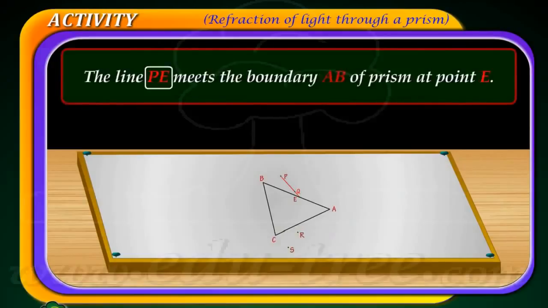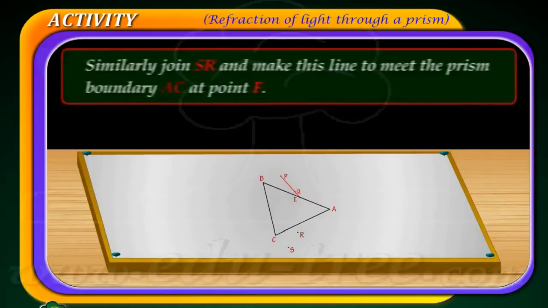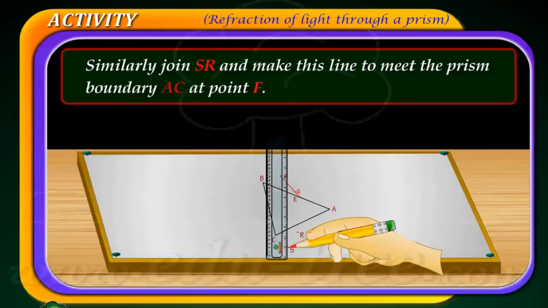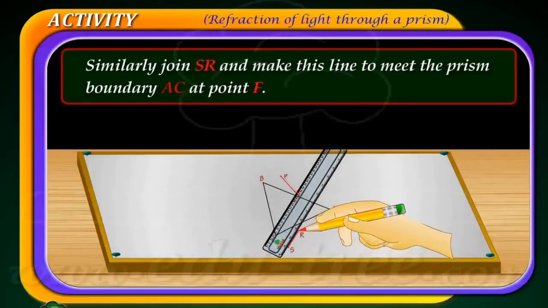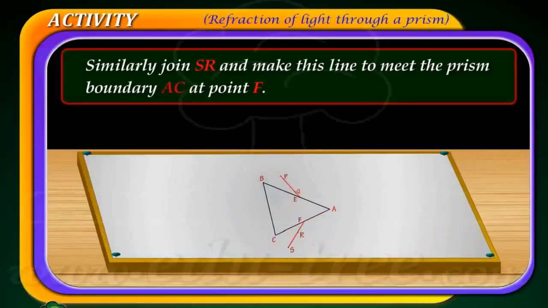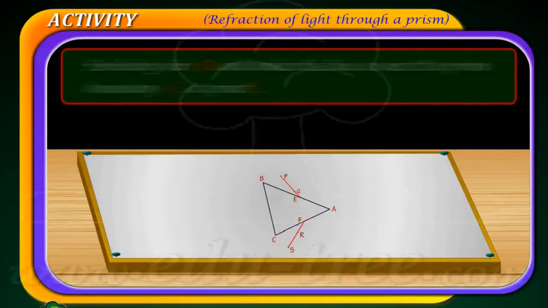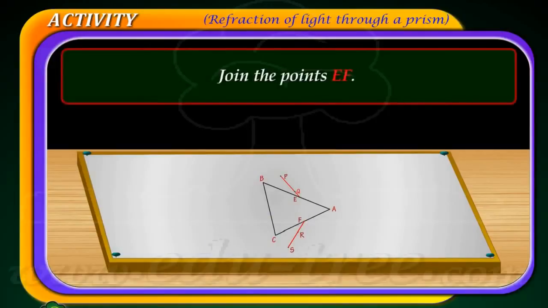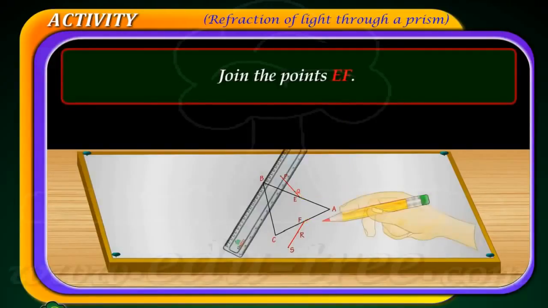The line PE meets the boundary AB of the prism at point E. Similarly, join S, R, and make this line meet the prism boundary AC at point F. Join the points E, F.